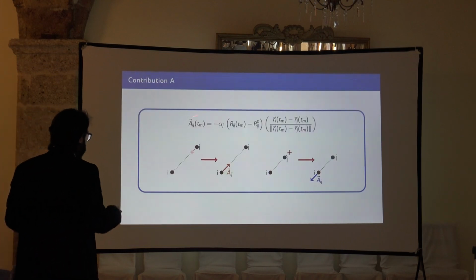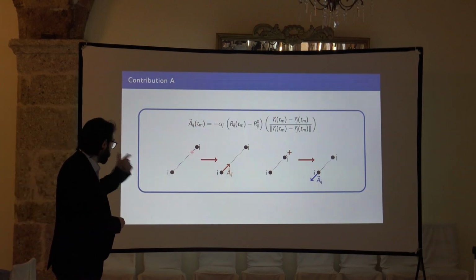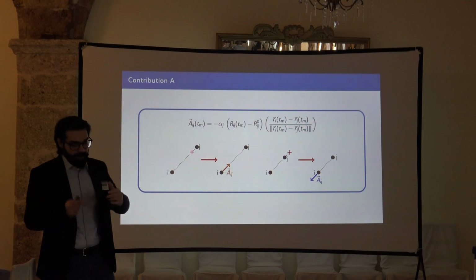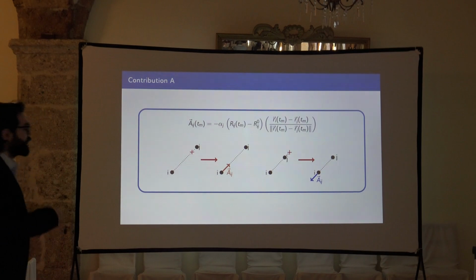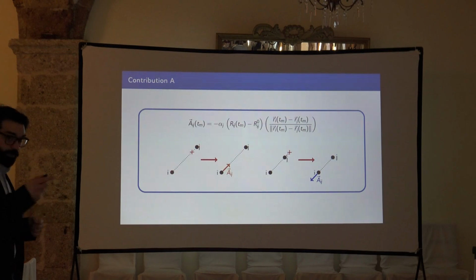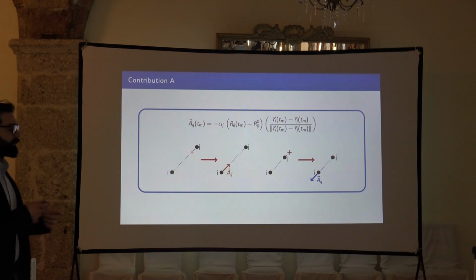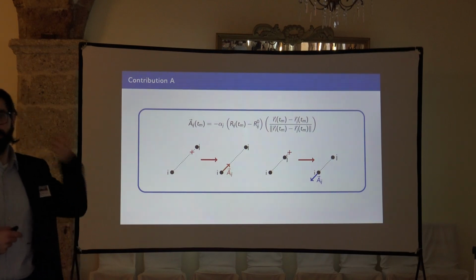A is a contribution that is linear with the difference between the actual distance between two points, where we want to evaluate the interaction of the point E. So we look at J, its neighbor, and how its distance compares to the distance that we had in the reference configuration, the initial configuration.